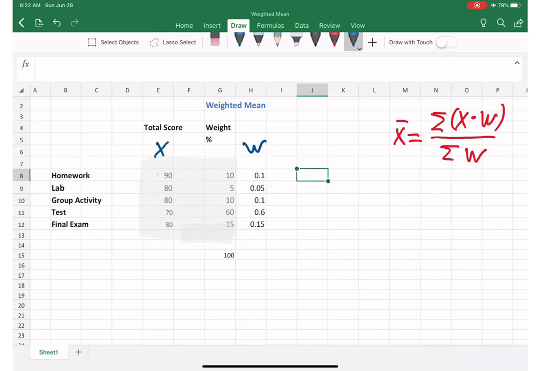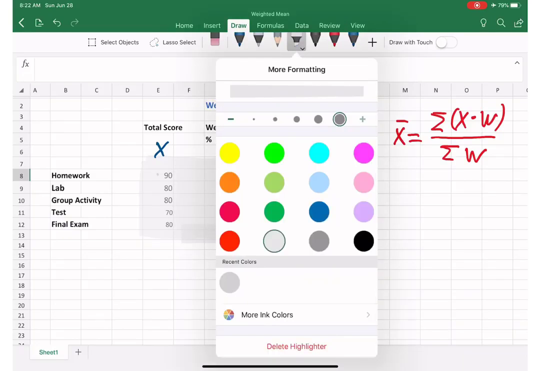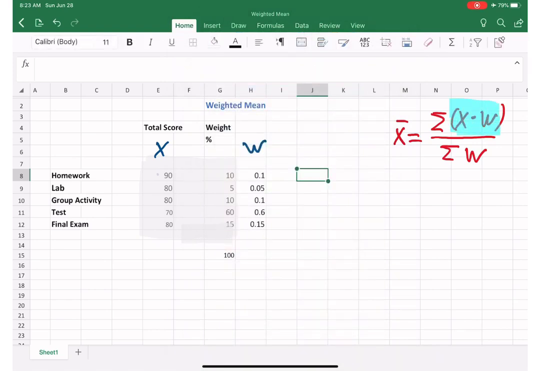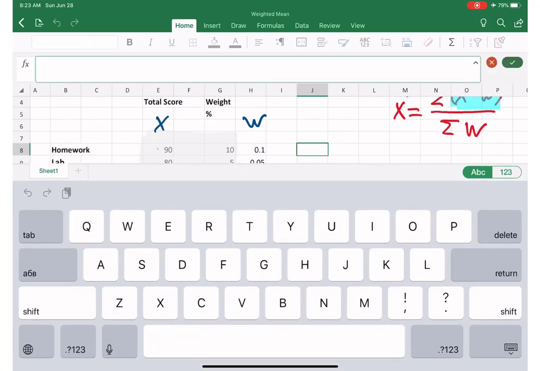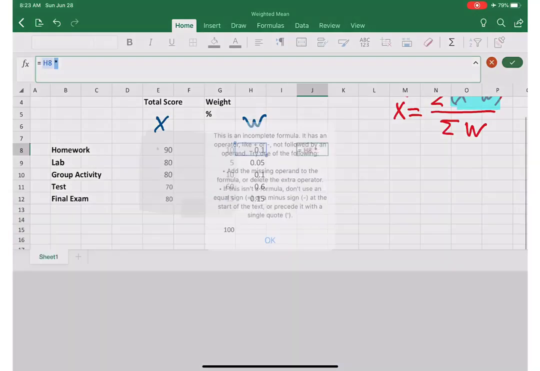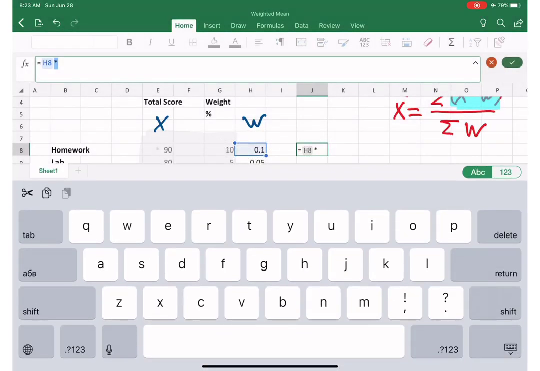So first we are going to do this step, X times W, right? Let's fill out the formula. Is equal, so it's gonna be H8, and then times G8. I don't think this will take. No, it's not, because it's filled out formula there.